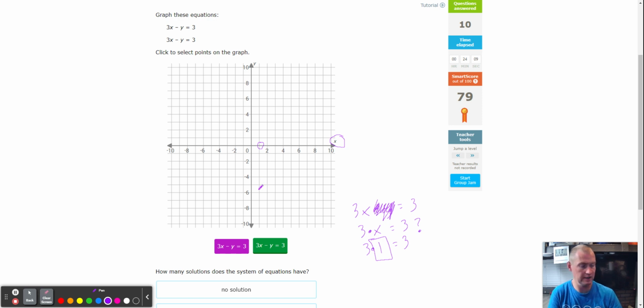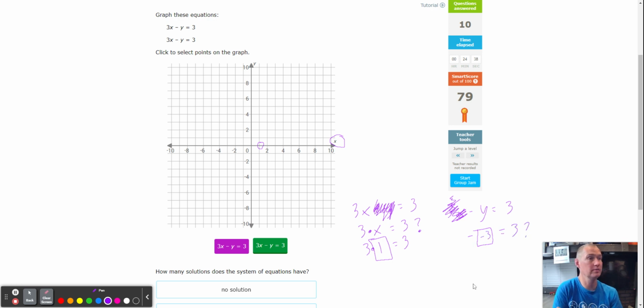Now we're going to solve it one more time because I need a y value. So once again, we have 3x minus y equals positive 3. This time I don't care about the x, I care about the y. So negative what equals 3? What if I do negative 3 equals 3?